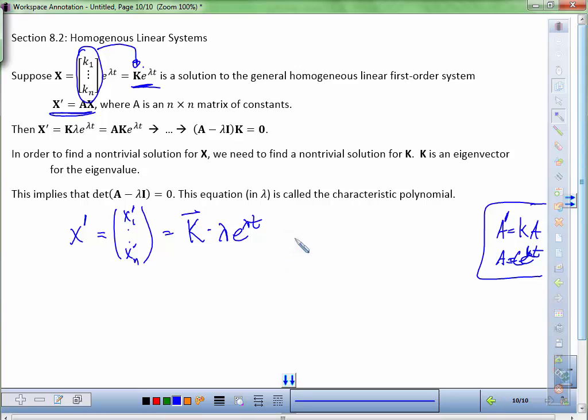And this is supposed to be equal to A times x, right? So x prime is equal to A times x. We worked out what x prime was. What does A times x look like? A times x is really going to look like A times the solution that we are assuming, K e to the lambda t.